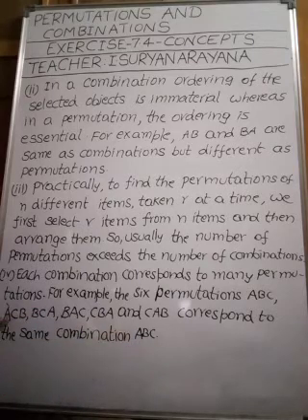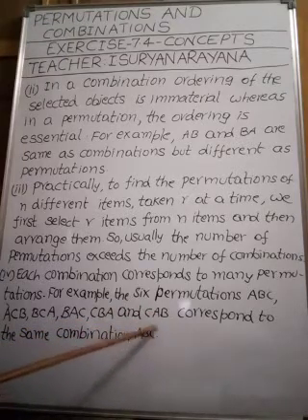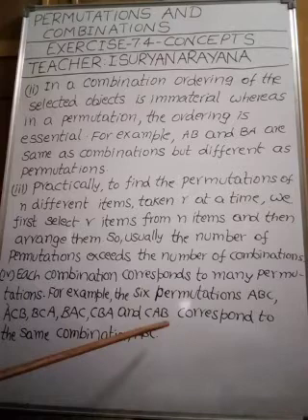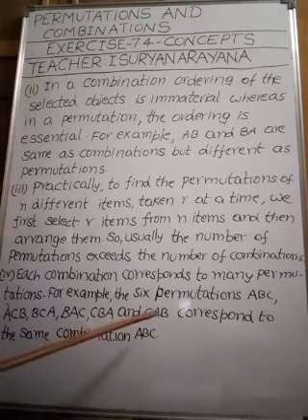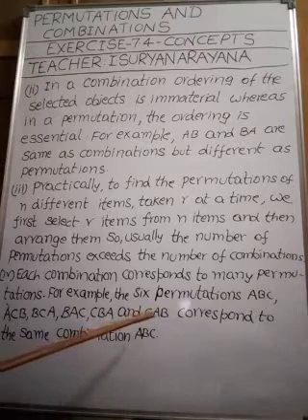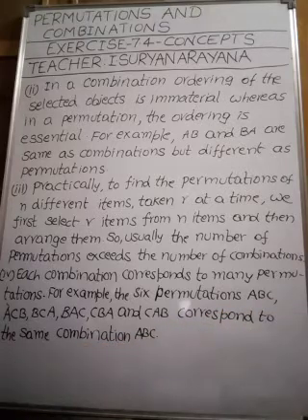The same letters ABC appear in all of them. So only one combination. But in the case of permutations, we considered 6 different permutations, whereas in the case of combinations, we treat it as only one combination. Understood the difference between permutations and combinations, my dear children? Right.